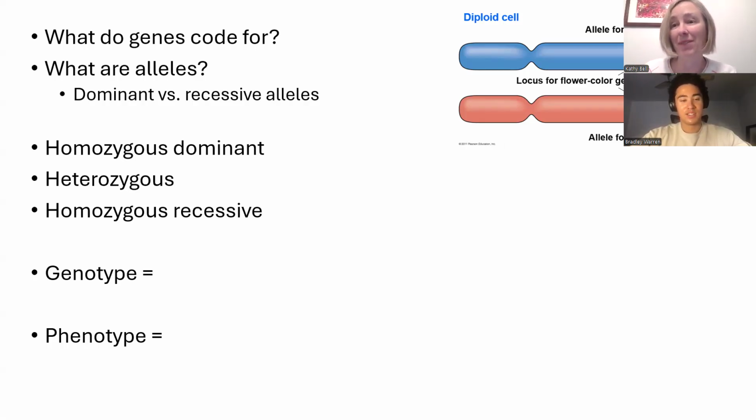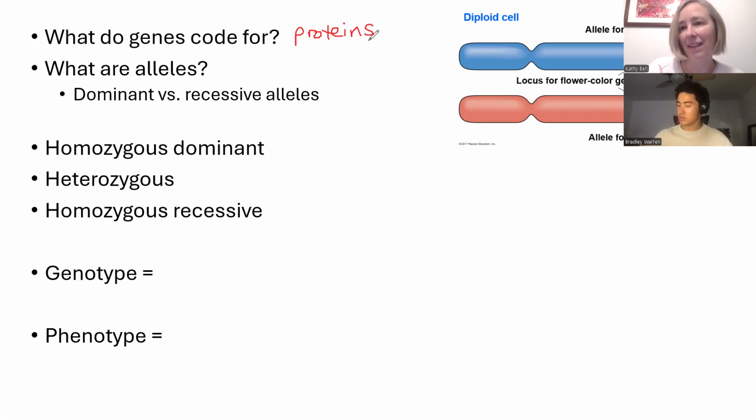Yeah, they're going to code for proteins. So they're going to code for proteins, give us the directions on how to make different ones. And then the alleles, those are just different variations of a gene.